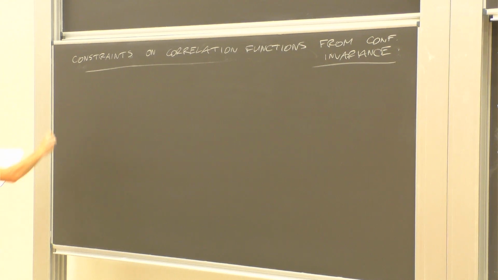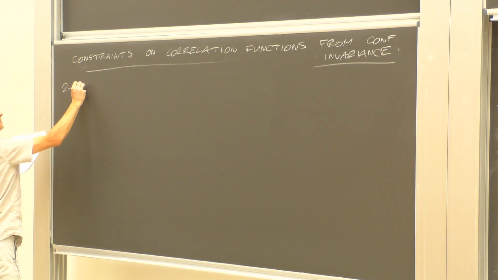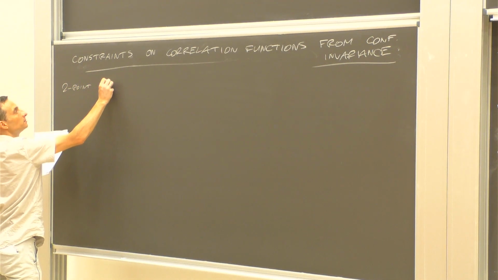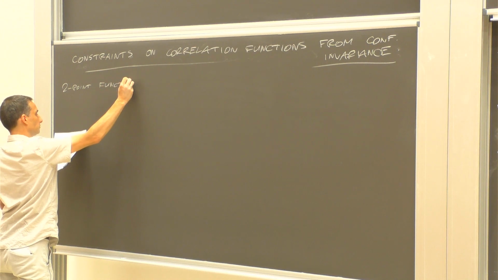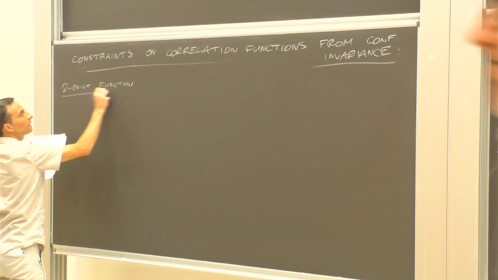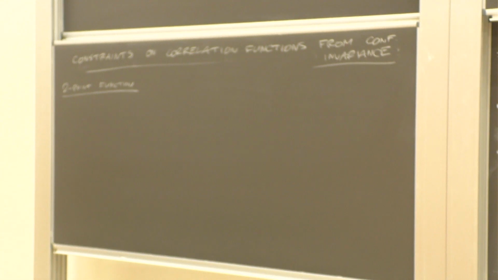So first of all, let me consider the two-point function. Well, I will not derive these constraints in detail. I may leave it more like an exercise. I will just give some intermediate steps.